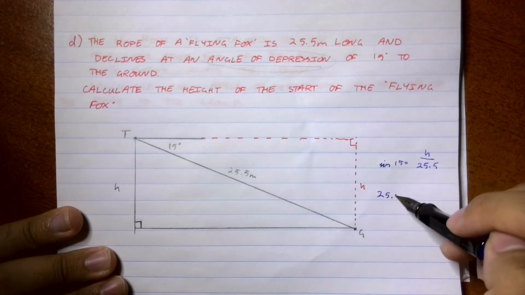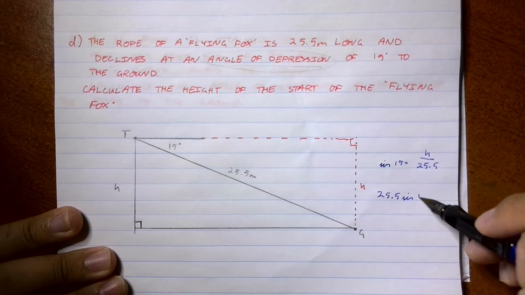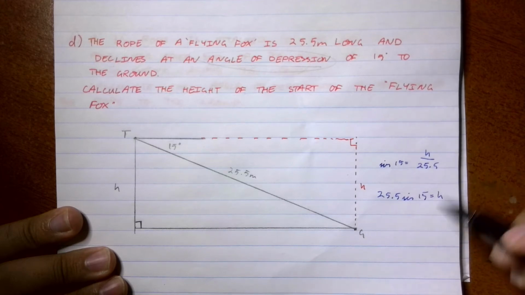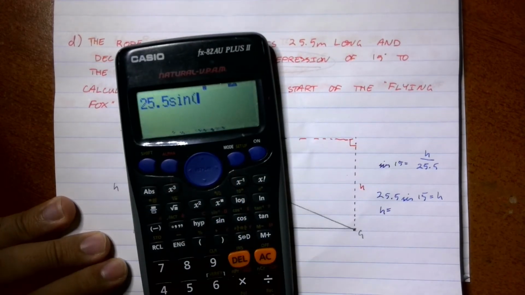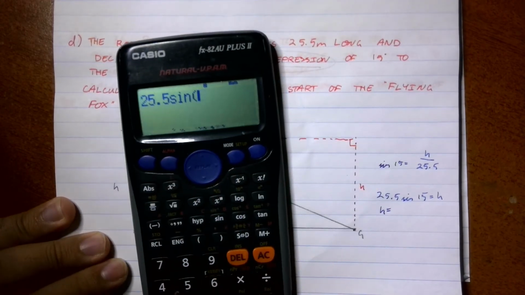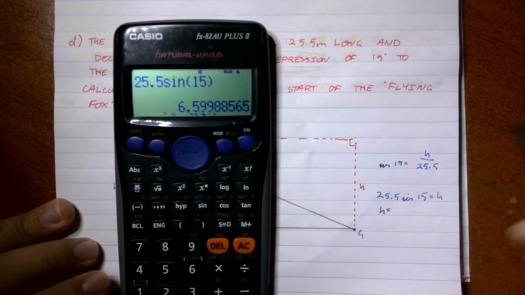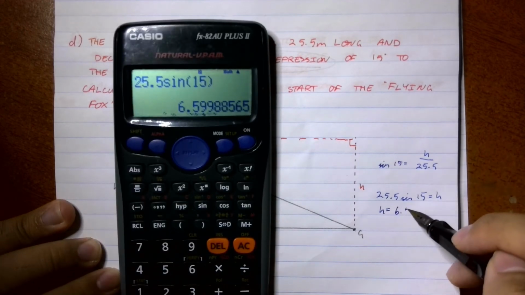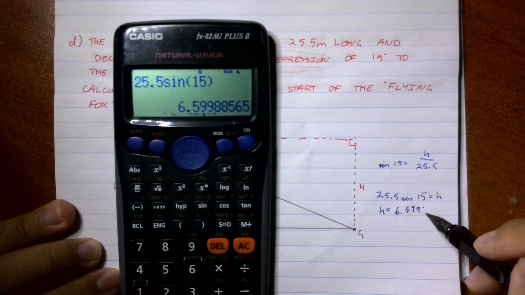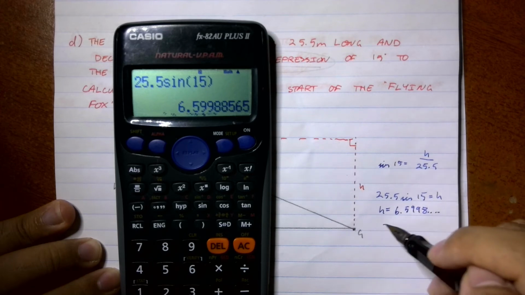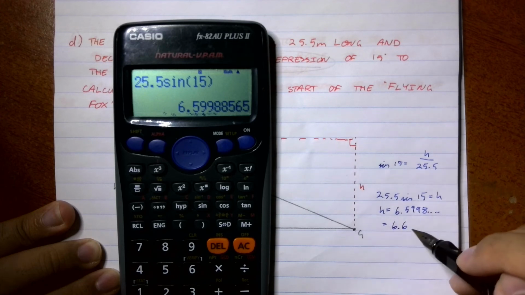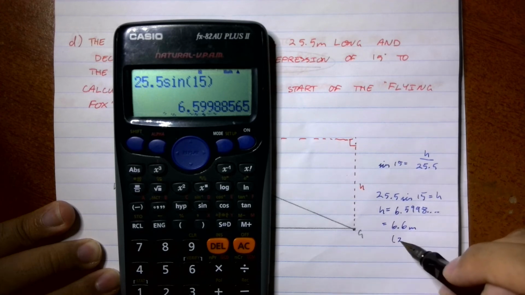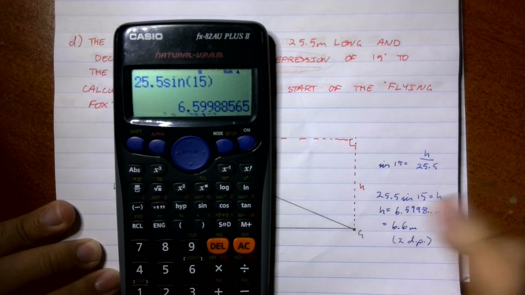So 25.5 sine 15 is equal to H. So H must be equal to 25.5 sine 15, which is 6.599, and this would give us 6.6 meters at 2 decimal places.